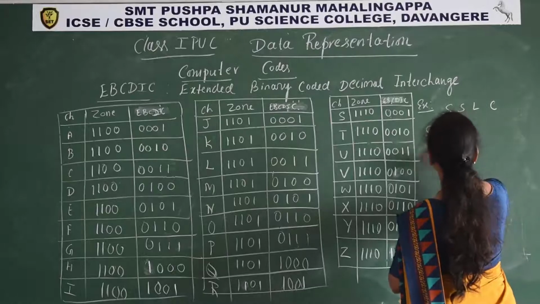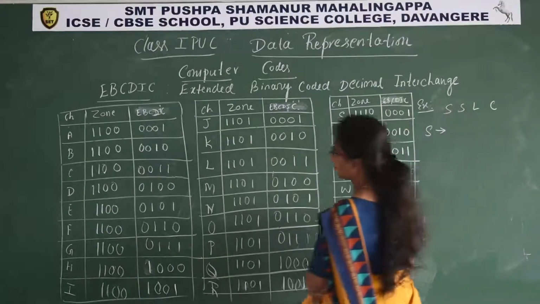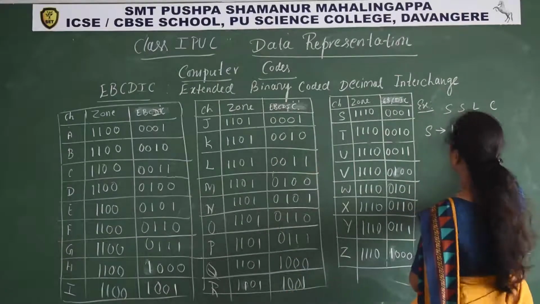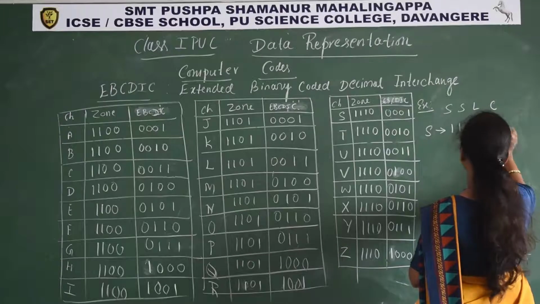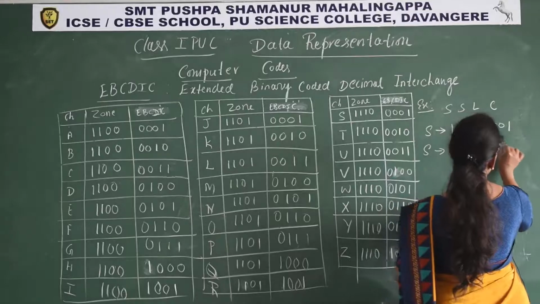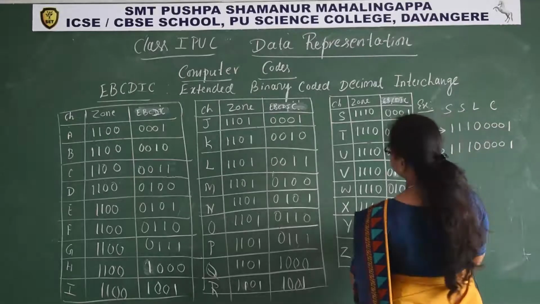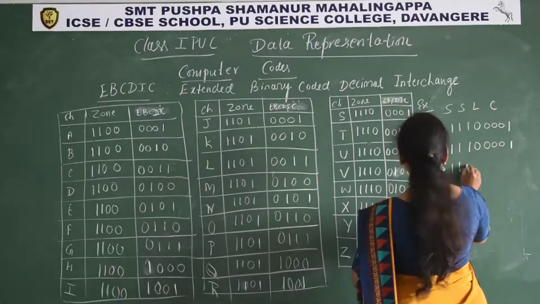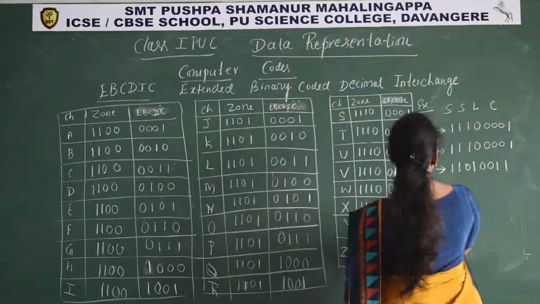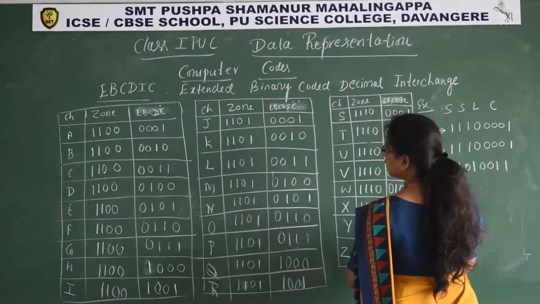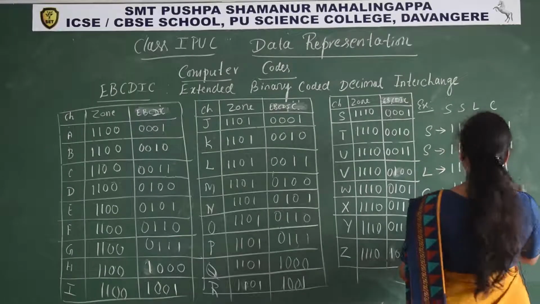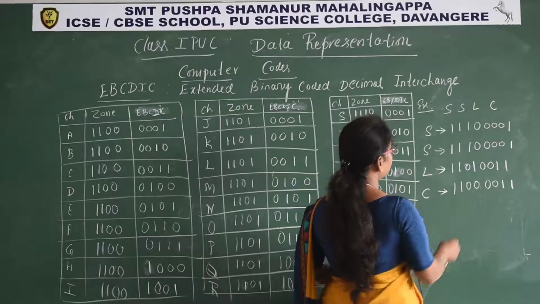For S, what is the extended BCD code? 11100001. Here also 11100001. L, 11010011. C, 11000011. At last you have to write all together.